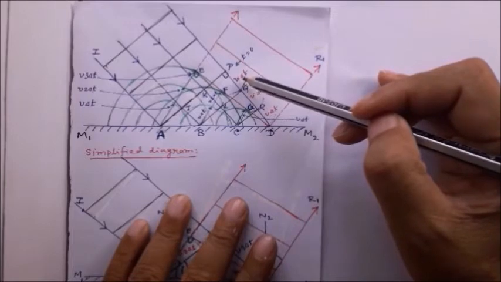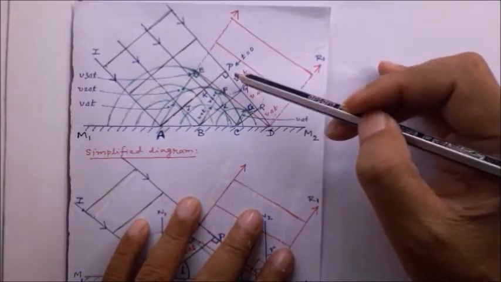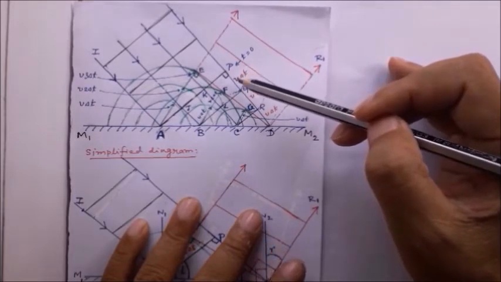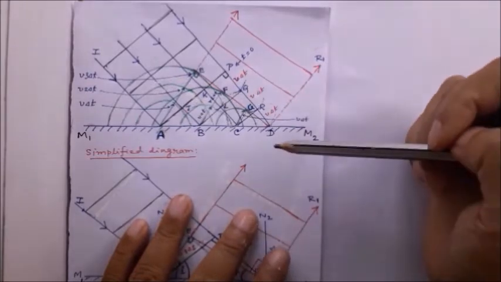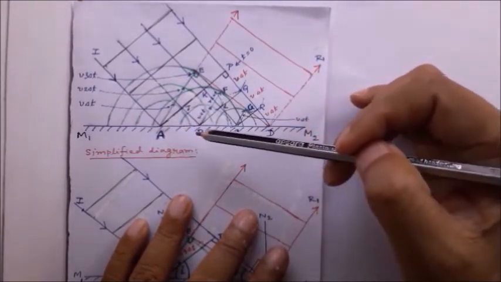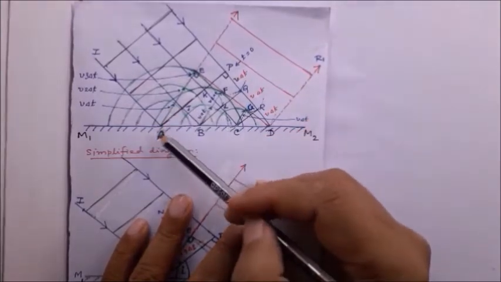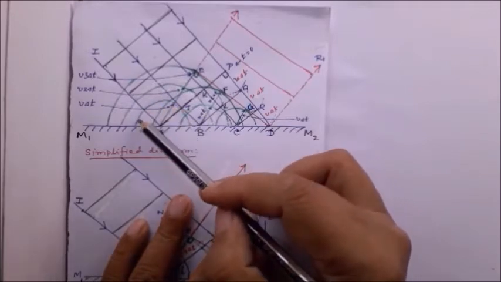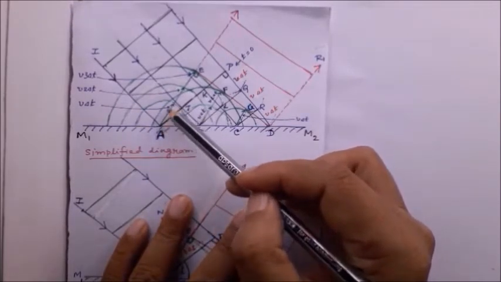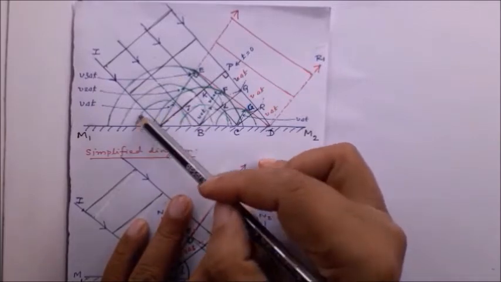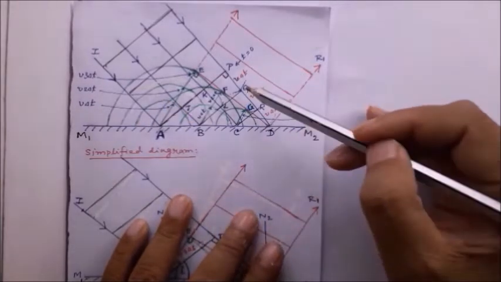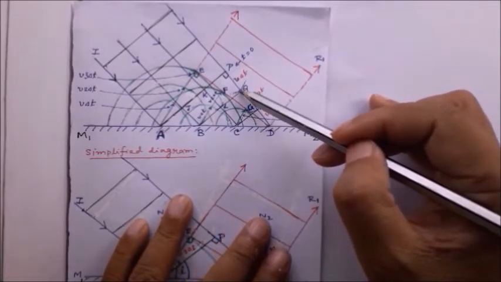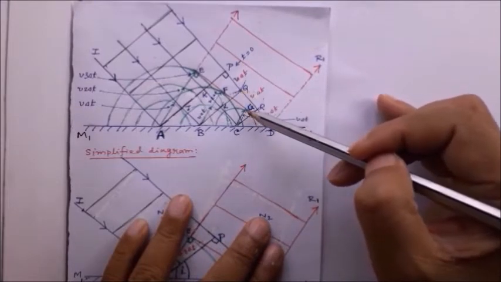So v delta t is the distance that P has advanced in time delta t, and since A and P are in the same medium, the wave from A will also advance by a similar amount. So we have drawn a secondary wave sphere of radius v delta t, and therefore this secondary wave has resulted. Now if after a further elapse of time delta t, Q sends secondary waves, with center Q we have drawn these wavelets.